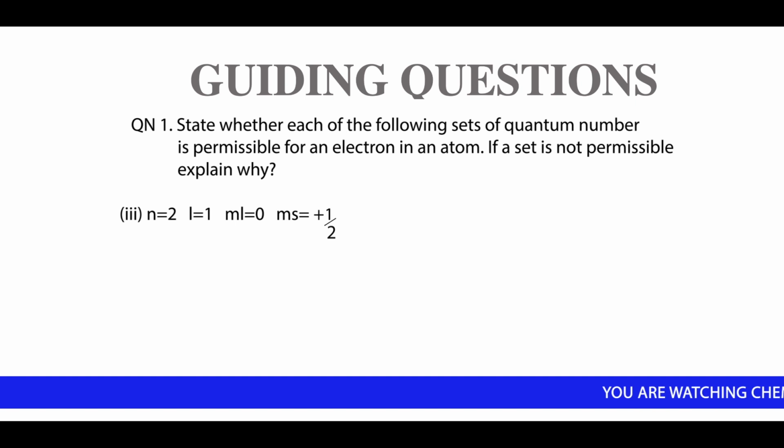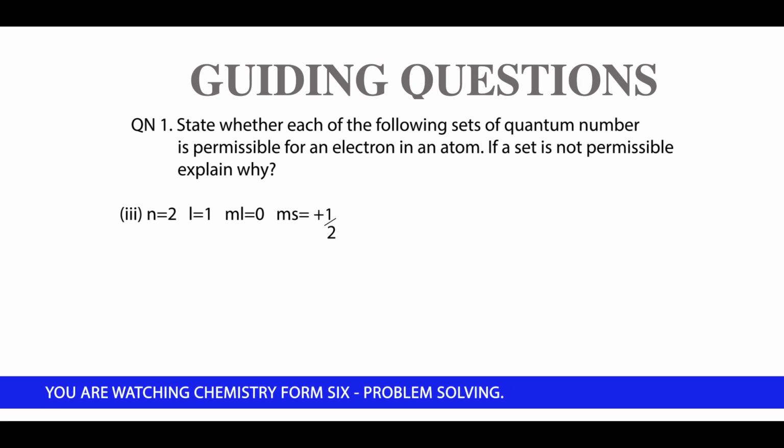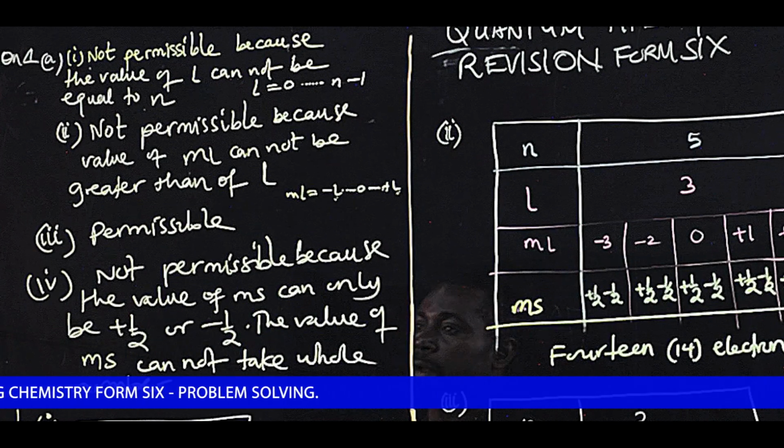Roman 3: n is equal to 2, l is 1, ml is 0, and ms is positive half. Account whether these 4 sets of quantum numbers are correct or not. n is equal to 2, l is equal to 1. The value of l is smaller than the value of n.